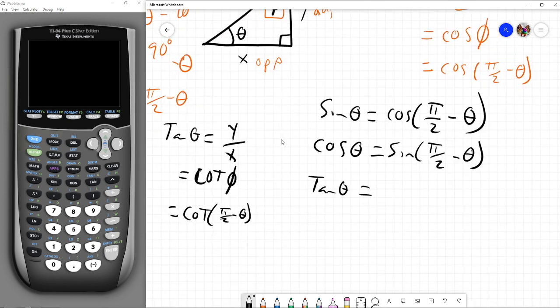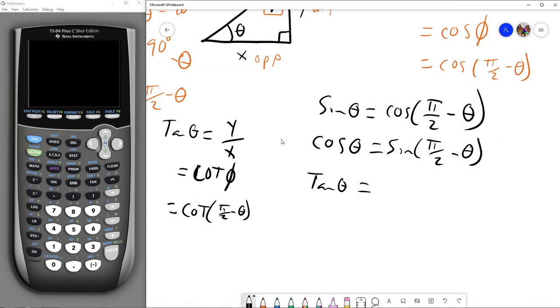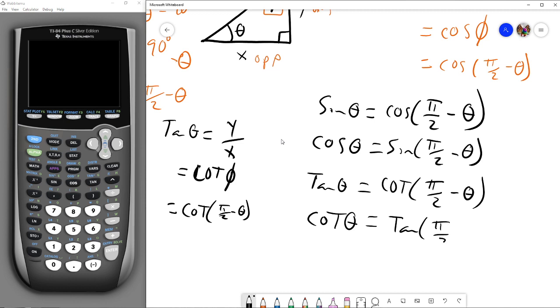So that means tangent theta has to equal cotangent of pi over 2 minus theta, and we can form the same analysis. Cotangent theta is equal to tangent of pi over 2 minus theta. You can probably guess where this is going.